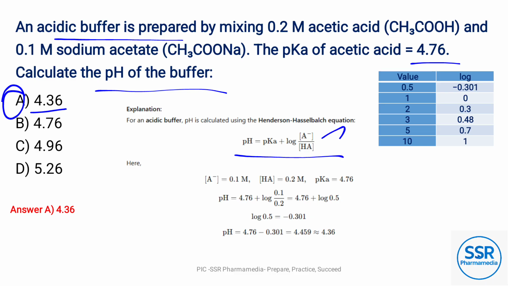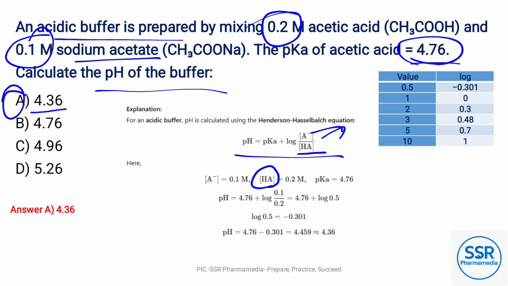A minus means the salt, divided by the acid. The salt value is 0.1 M, since sodium acetate is the salt, and HA is the acid, so the acetic acid value is 0.2. And they have given the pKa value, 4.76.